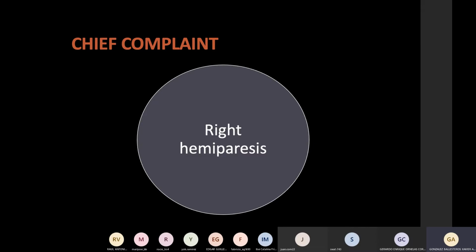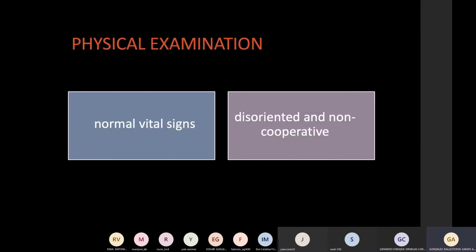And 3 hours later, she presented with nausea, vomiting, right side hemiparesis, and facial paralysis. On the physical examination, the vital signs were normal, and she was disoriented and non-cooperative.